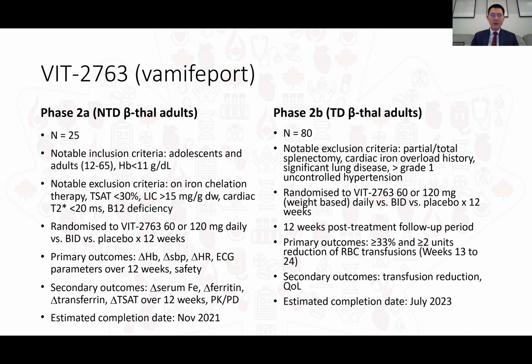The primary outcome here is more than 33% and 2 or greater than 2 units reduction of red blood cell transfusions at weeks 13 to 24. Secondary outcomes include transfusion reduction and quality of life. Estimated completion date is July 2023.